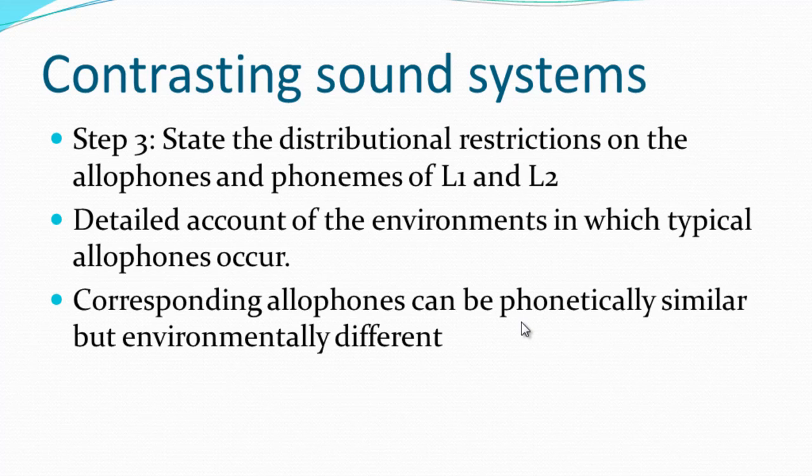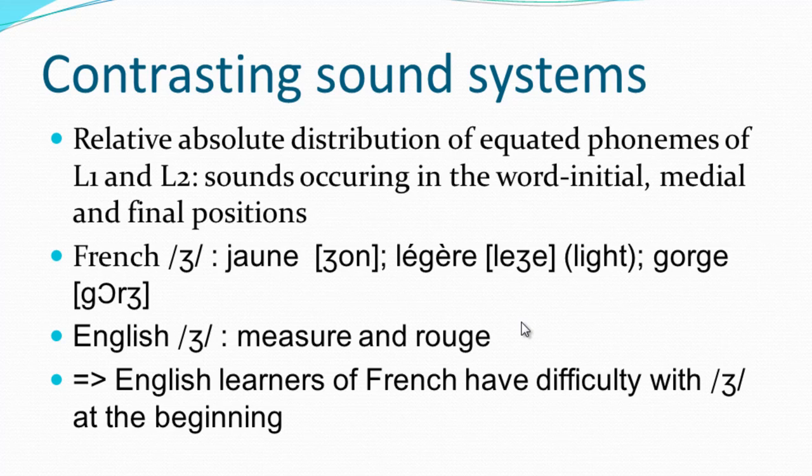The key point here is that with the same allophone, we may have different variants when that allophone is found in different contexts. So this is an example to illustrate that point. Depending on the distribution of the sound, we may have a different position of distribution, and that can be a source of difficulties for language learners.